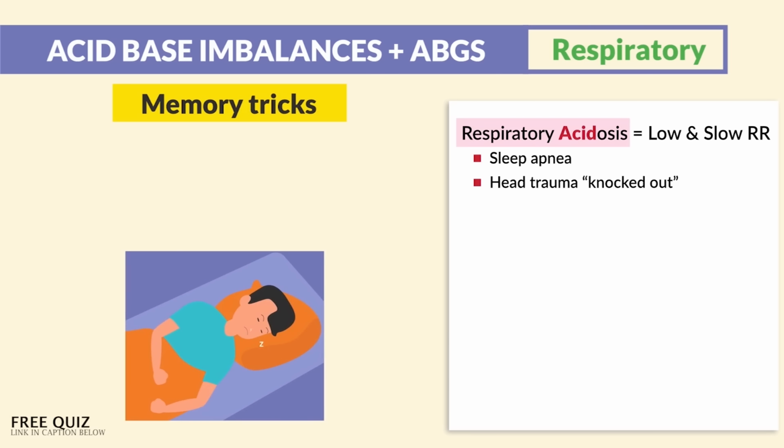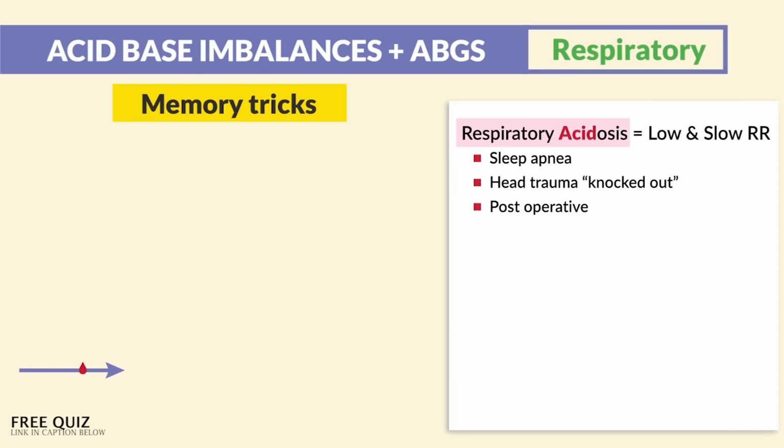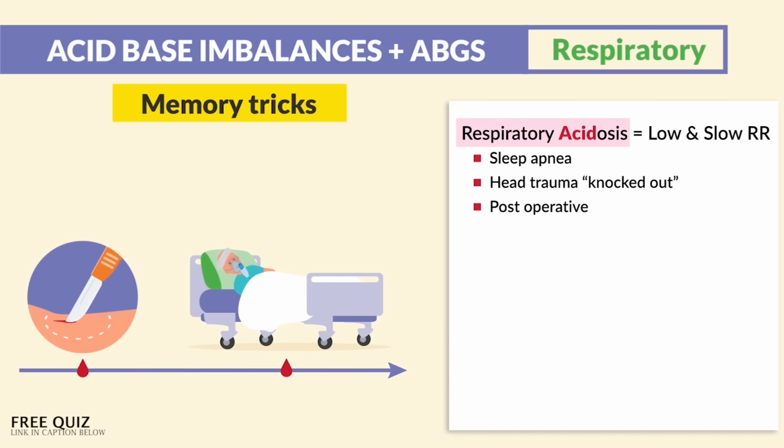You went to sleep, and now you have low and slow respiratory rate, and you're in acidosis. Or post-operative, like after surgeries, when you're waking up from anesthesia, and that body has been put to sleep from all that anesthesia. The respiratory rate will be low and slow, putting us into acidosis.